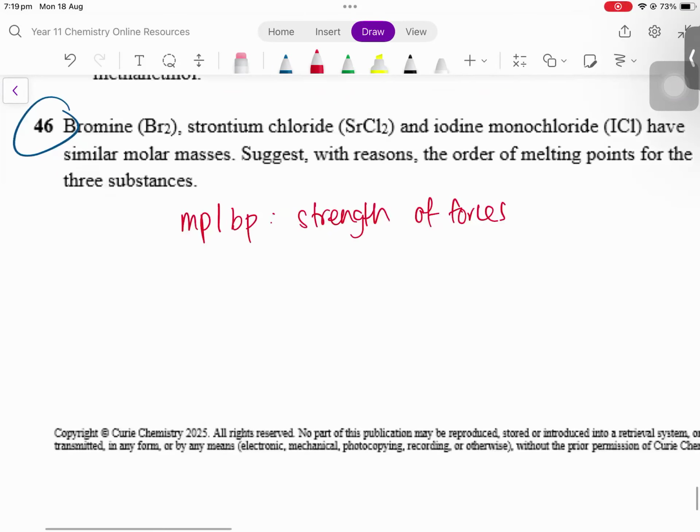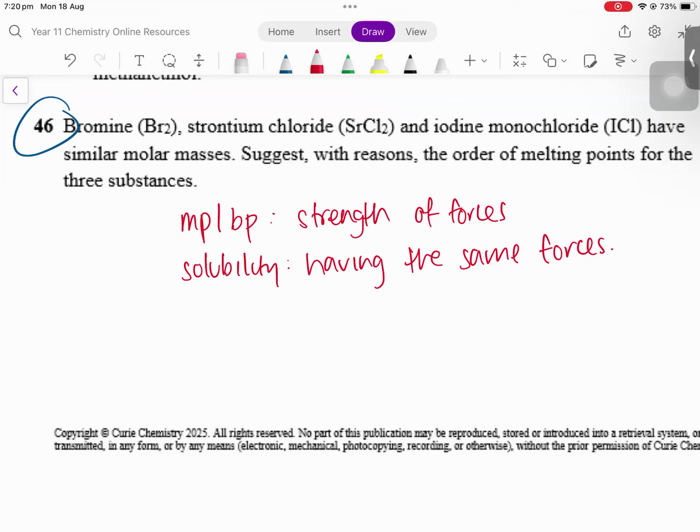You need to know what you're actually talking about with the different properties. If you get asked about melting or boiling point, it's about the strength of the forces. If you get asked about solubility, it's about having the same forces. It doesn't matter if it's strong or weak. If they're both weak dispersion, that means it's soluble.